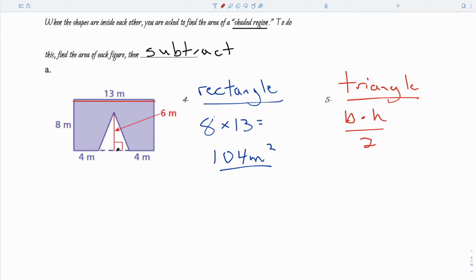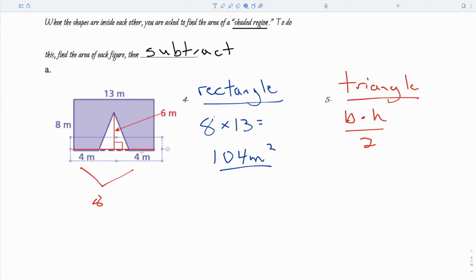Help me out, Sienna. How do I find that missing piece? So the 4 from the bottom equals 8, and then so 4 plus 4 is 8. If this line makes the bottom line, they're the same.